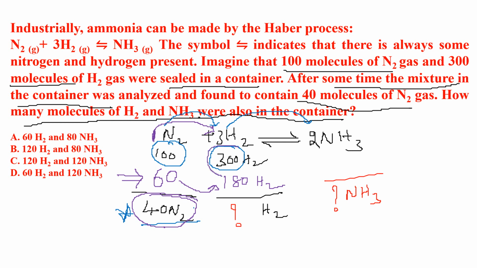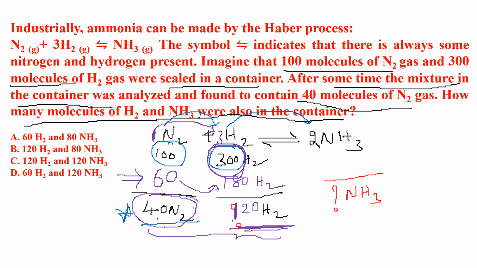But how many hydrogen molecules are present? 300. 300 minus 180, how much will you get? 120. So here hydrogen is 120, unreacted, present in the container. These are reactants. If 100% reaction takes place, these must react. 40 molecules of N2 and 120 molecules of H2 are unreacted.